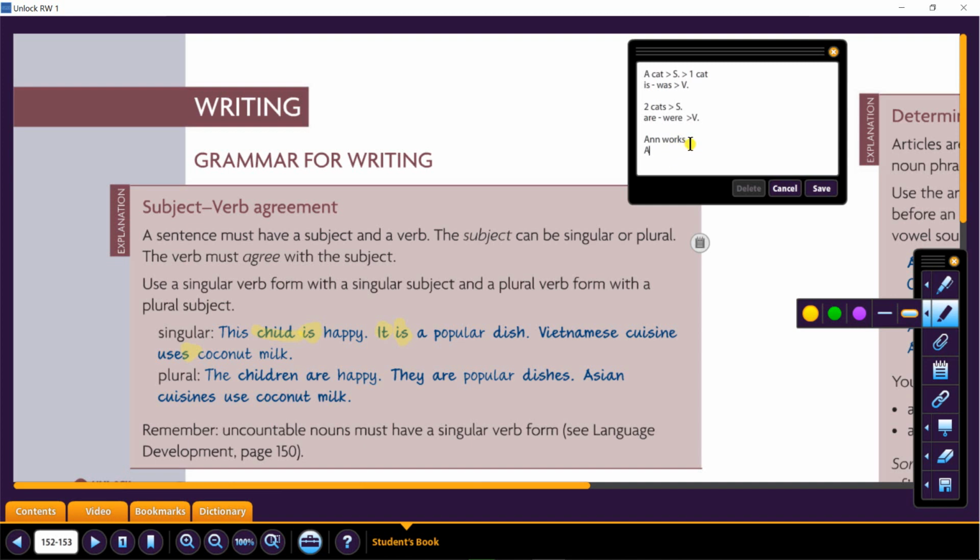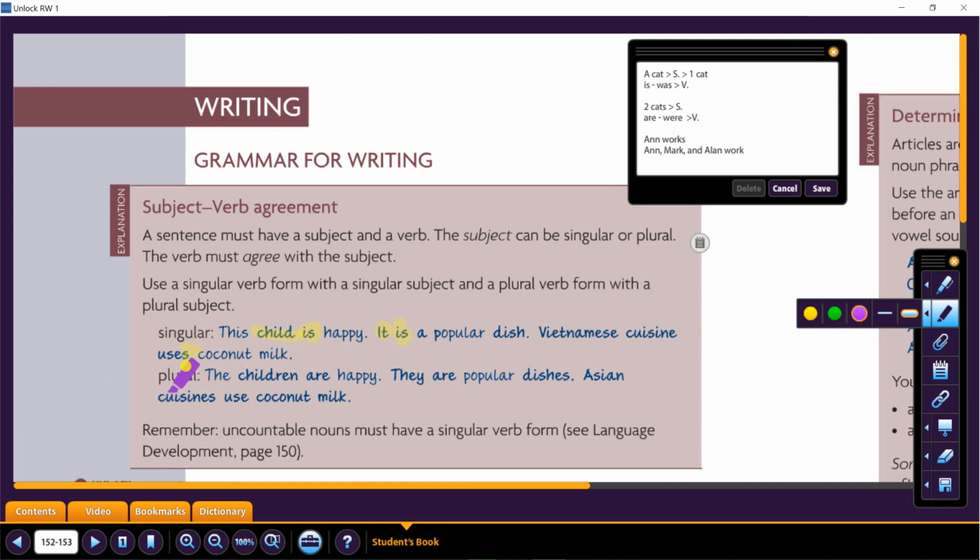But if we say Mark and Alan work, we cannot say works. Do you remember this rule? This is called subject-verb agreement. So here is the third singular S.